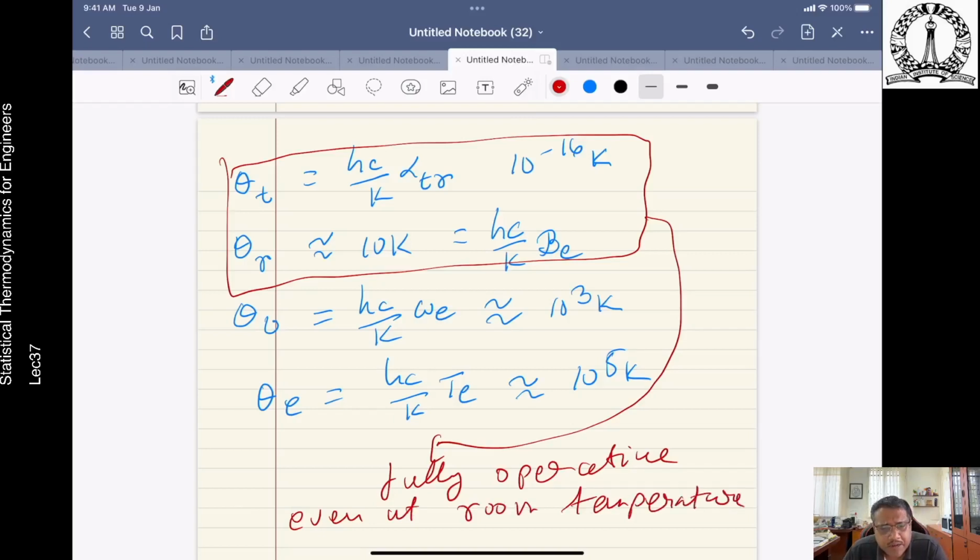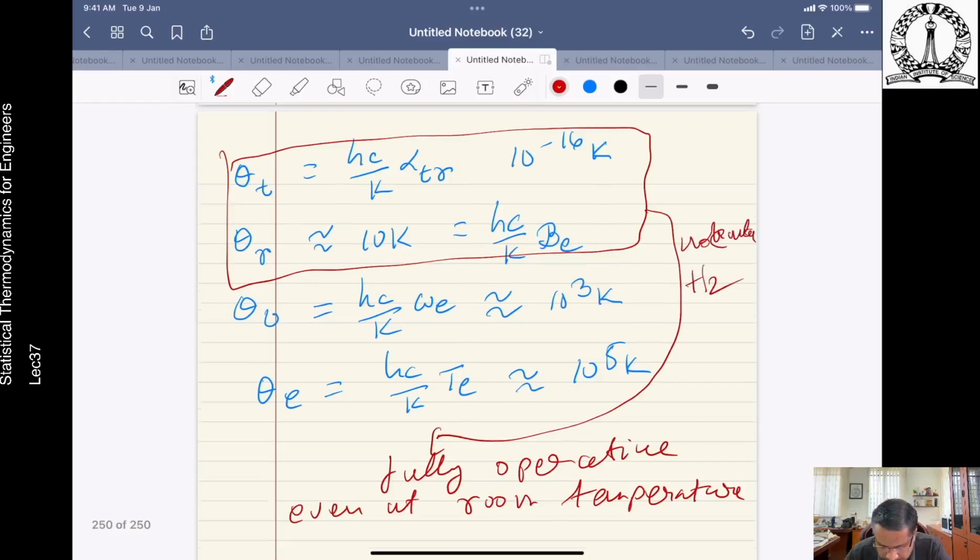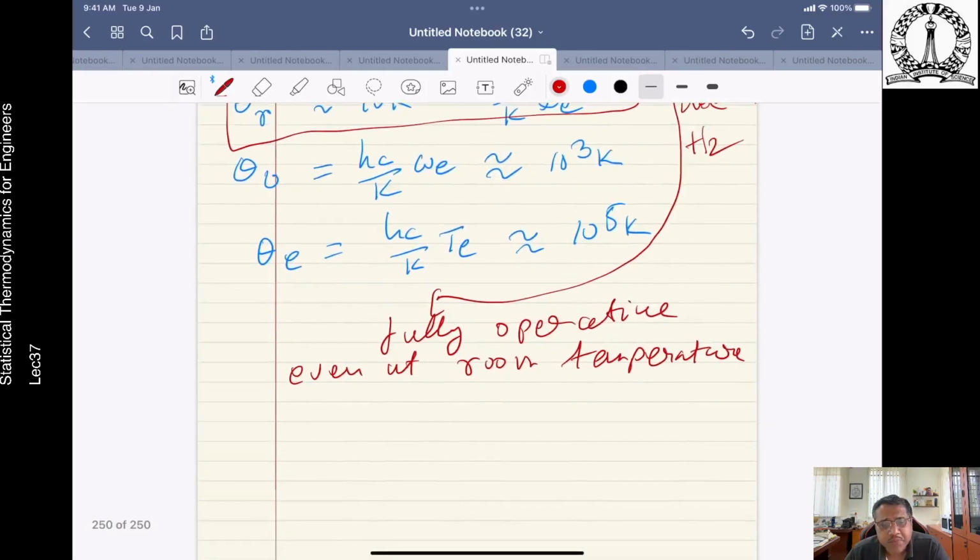Actually below room temperature, to be precise. They are completely accessible. And all these values are for, say, molecular hydrogen. So they are activated at or below room temperature.